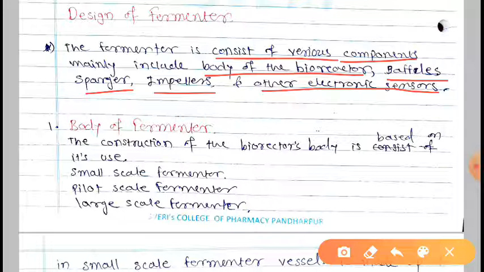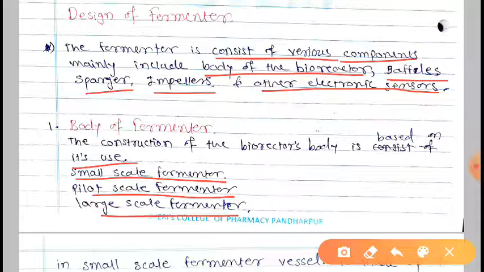The fermenter body comes in various types according to the requirement. So the bioreactor body is based on its use: the small scale fermenter, the pilot scale fermenter, and the large scale fermenter.